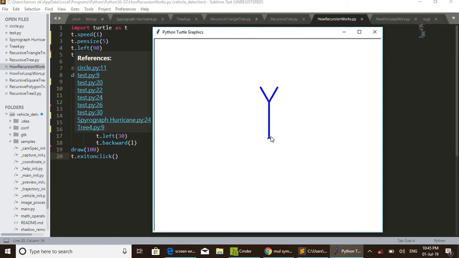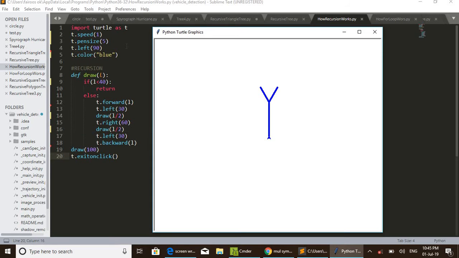In the initial position turtle directs in this right direction, but we need to put that in perpendicular direction, 90 degree upward. So we are turning left 90 degree. Then t dot color blue, the color of this turtle is blue. That's simple Python code actually.